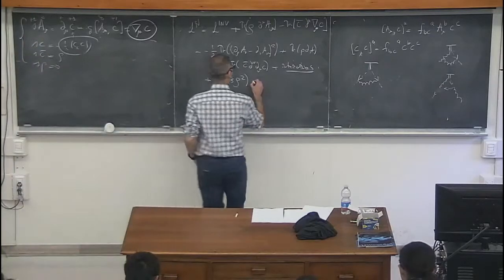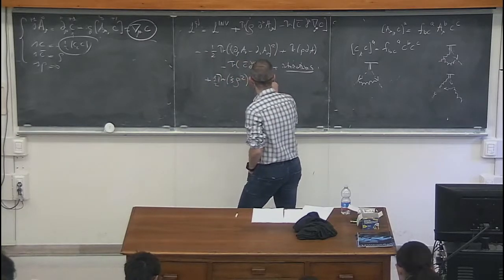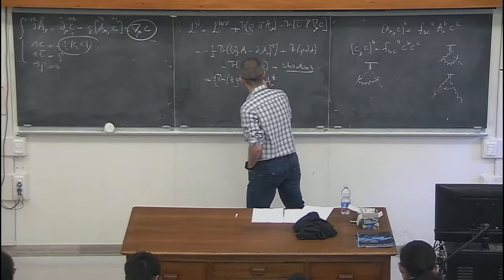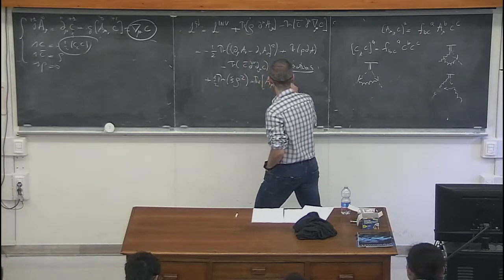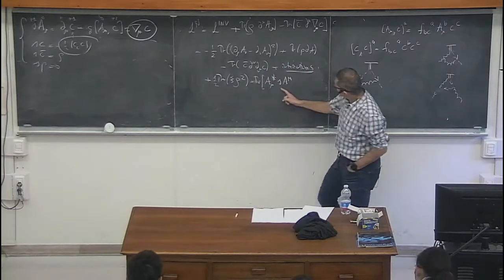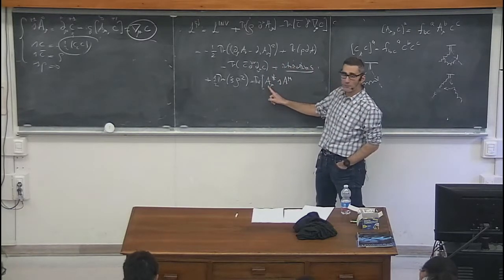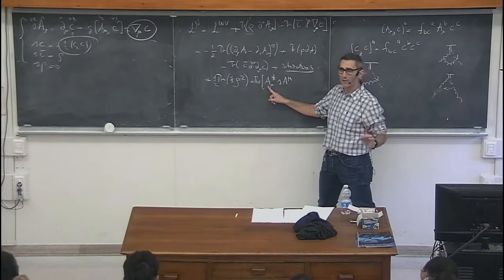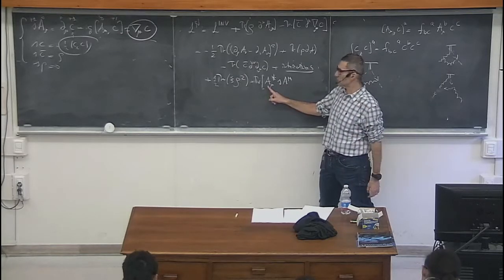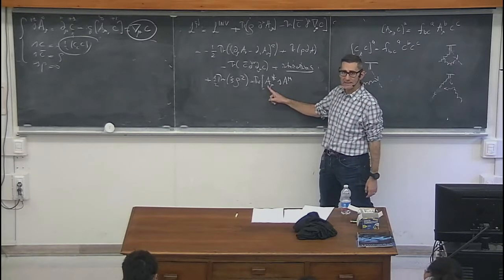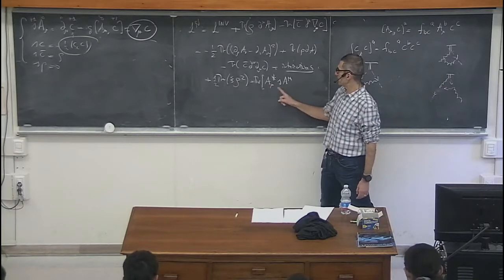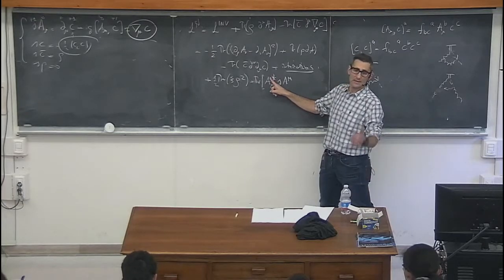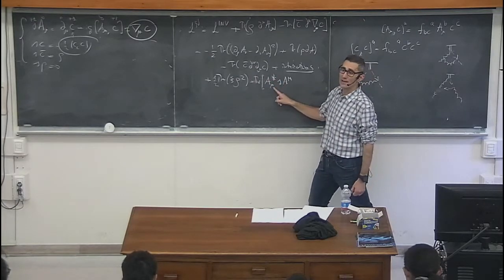So you add to the theory the following: trace of A mu star S of A mu. For the moment, this A star is a classical source, a classical field. I'm not going to quantize this field. It has exactly the same quantum numbers as the gauge field, namely it is a vector, and it carries also an index in the Lie algebra, or let's say this field has values in the Lie algebra.